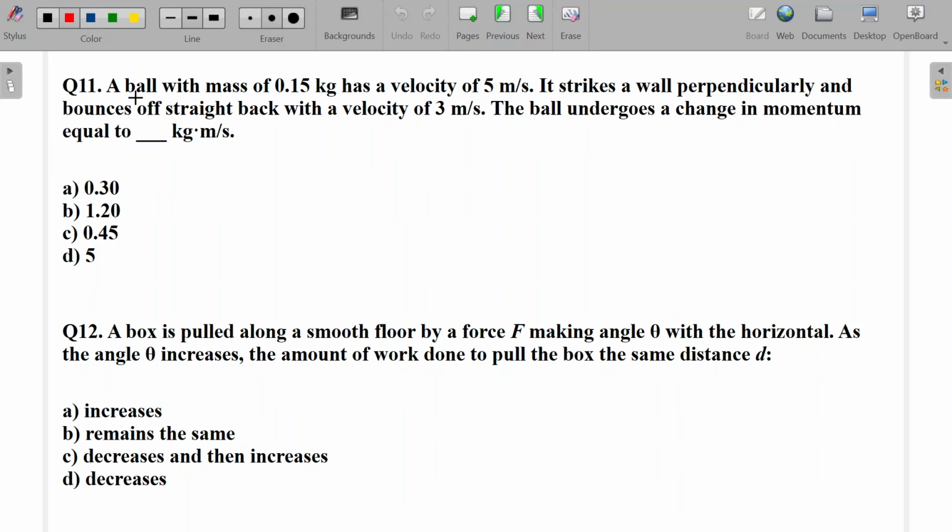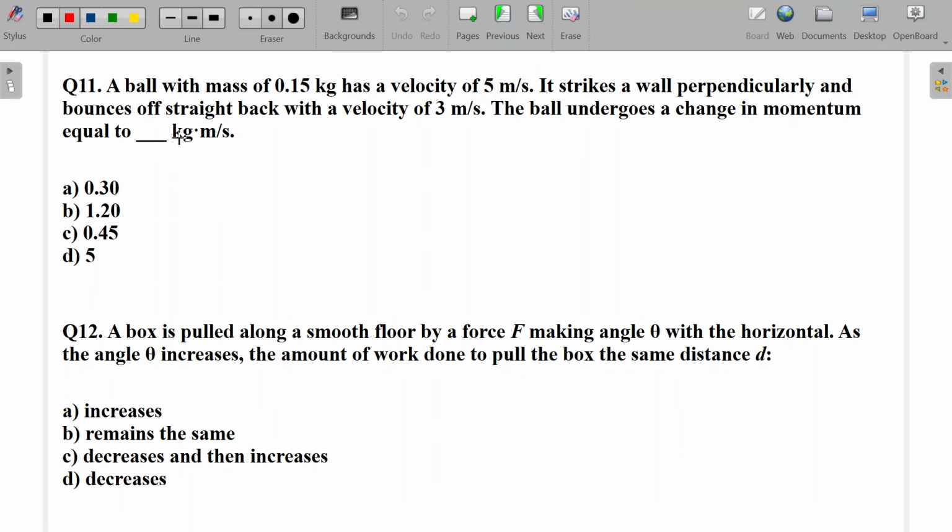Question 11. A ball of mass 0.1 kg has a velocity of 5 meters per second. It strikes a wall perpendicularly and bounces off straight back with a velocity of 3 meters per second. The ball undergoes a change in momentum equal to dash.